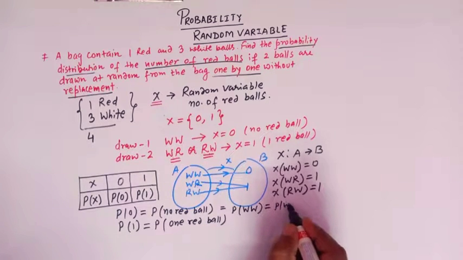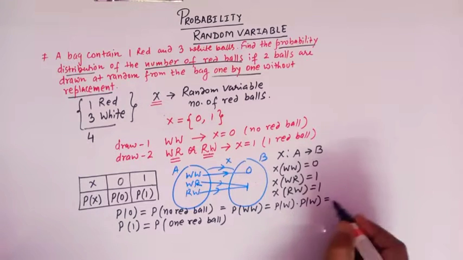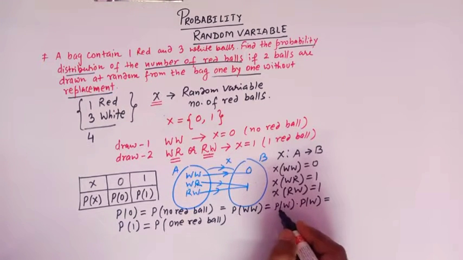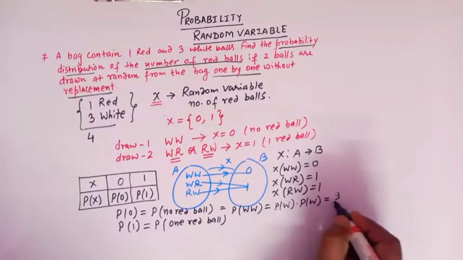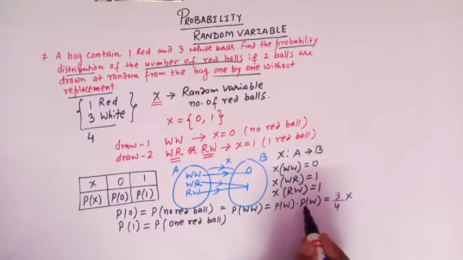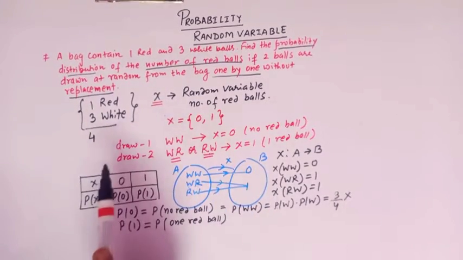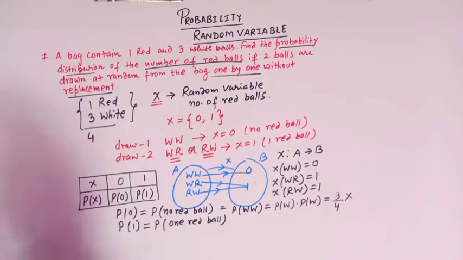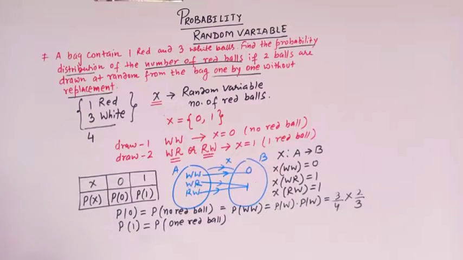So we have P(W) times P(W). The probability of drawing a white ball in the first draw is 3/4, and the probability of getting another white ball in the second draw, when in the first draw we have already obtained a white ball, is 2/3, right?